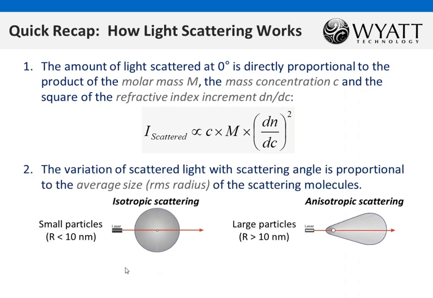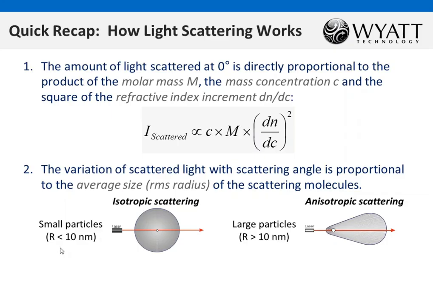Second, the angular dependence of scattered light is proportional to the average size of the molecule, more precisely the RMS radius of the scattering molecules. For light at the wavelength of 660 nanometers, we can distinguish two scenarios.